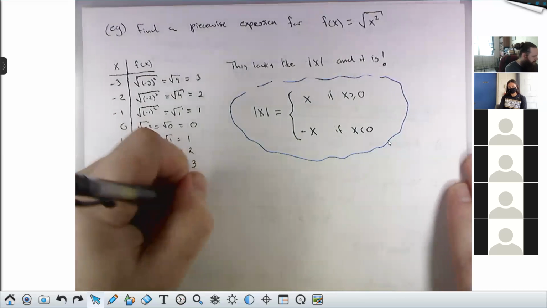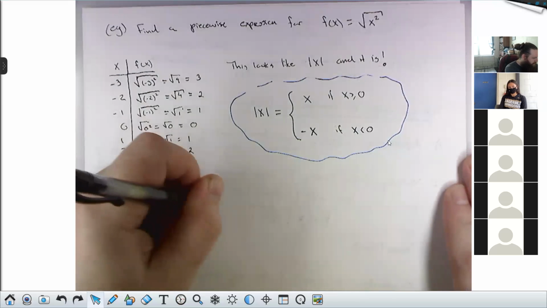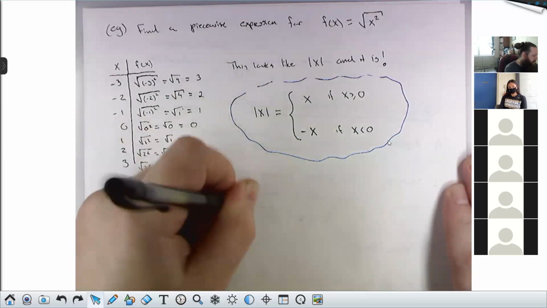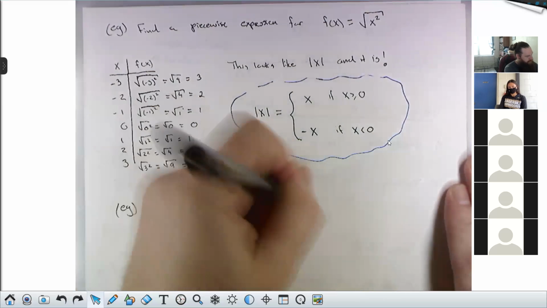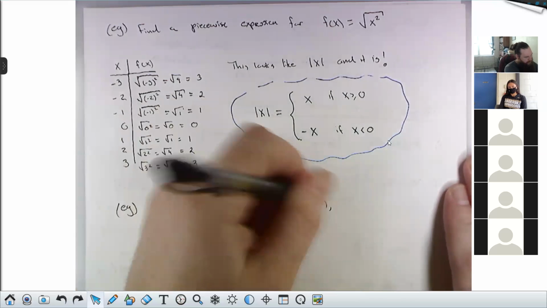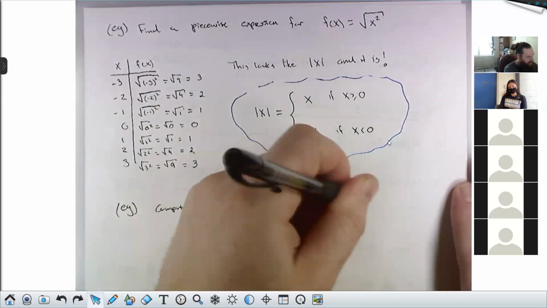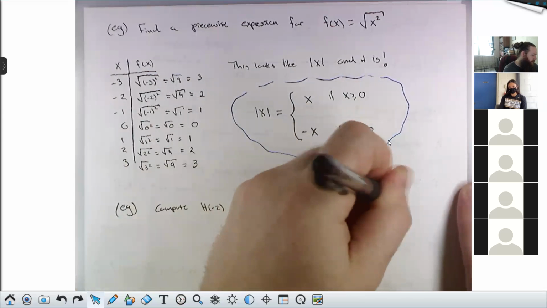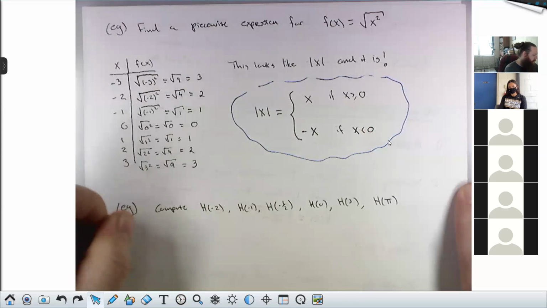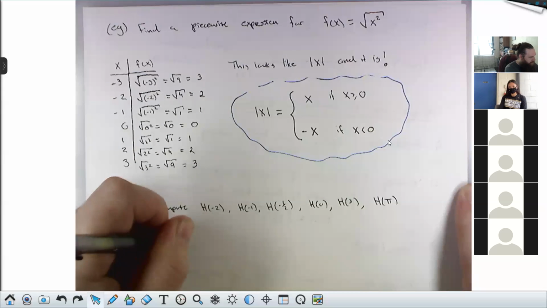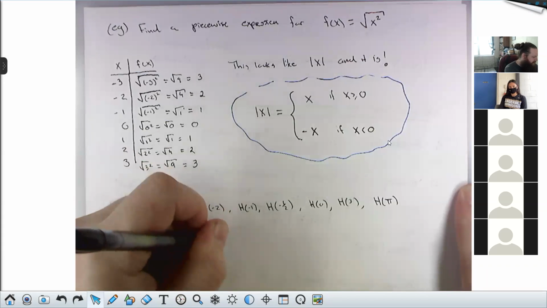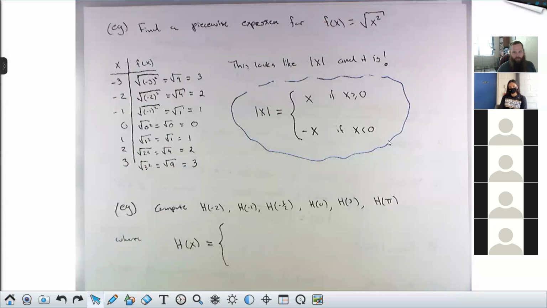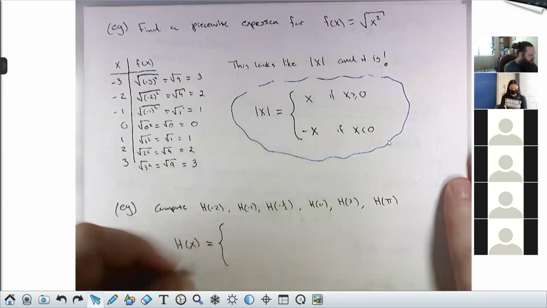Compute, let's say, h of -2, h of -1, h of -1/2, h of 0, h of 3, h of pi, where the function I'm defining for you right now is called capital H, stands for Heaviside. Oliver Heaviside was a famous mathematician in the late 19th century, and this is called the Heaviside step function.